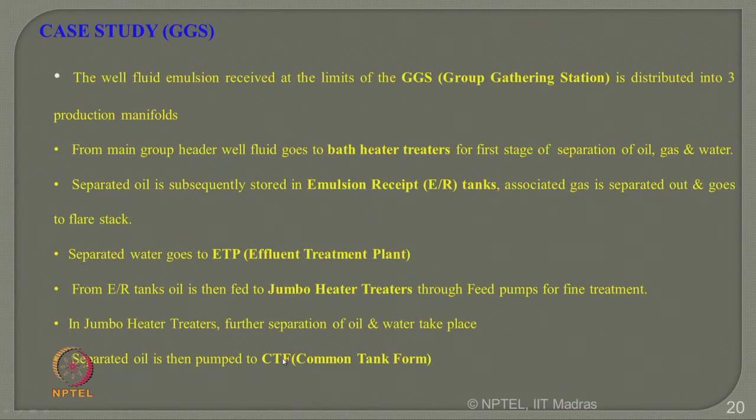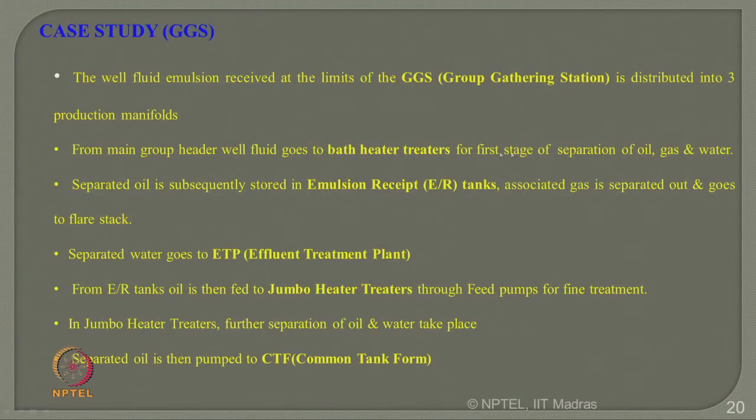Now, dear friends, the given process instrumentation diagram has many stages of process. The first one is the bath heater treater, where oil, gas and water together are collected. From here, the oil goes to the emulsion recipient tank, whereas gas is flared off and water goes to the effluent treatment plant.